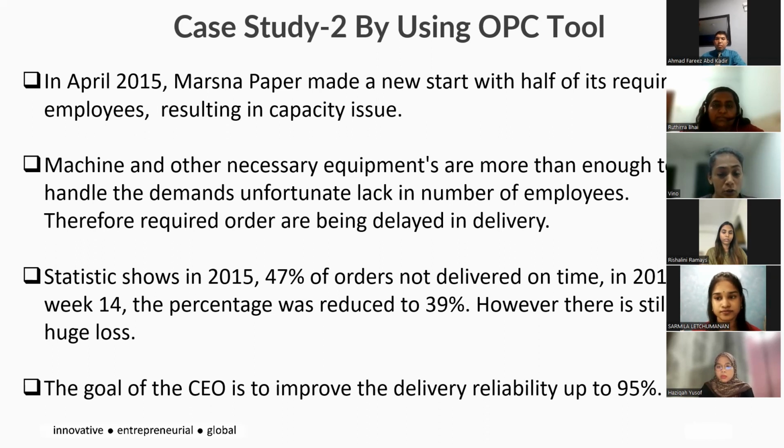The statistics show that in 2015, 47% of their orders were not delivered on time. In 2016, up to week 14, the percentage had changed to 39%, which is even worse compared to the previous year, so they still hold a very huge loss. What the CEO of the company decided was to improve the delivery reliability up to 95%. Next.